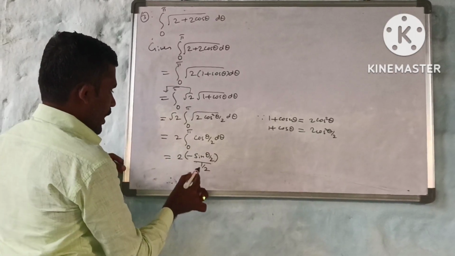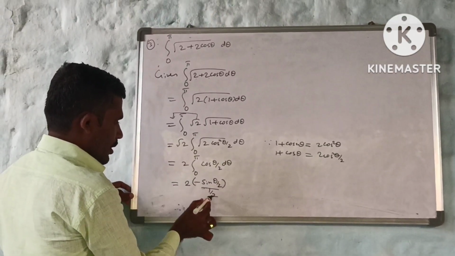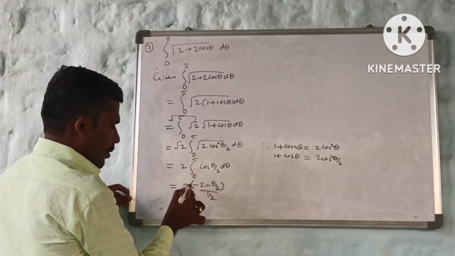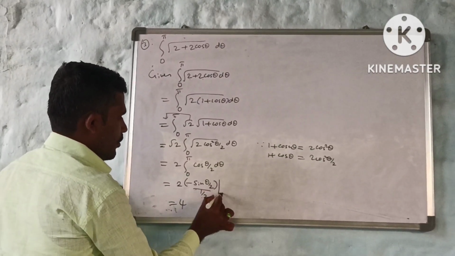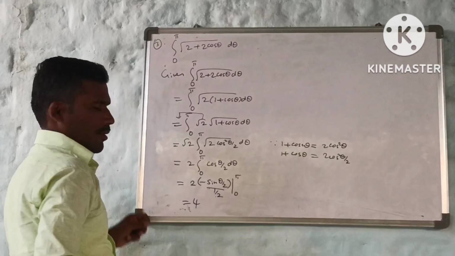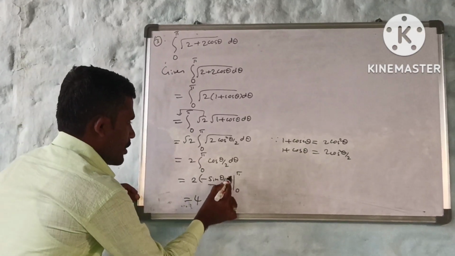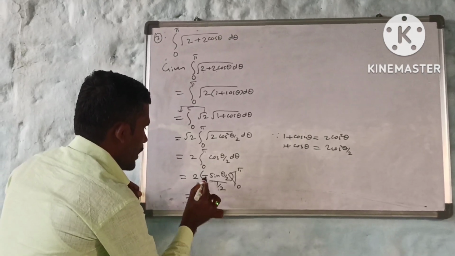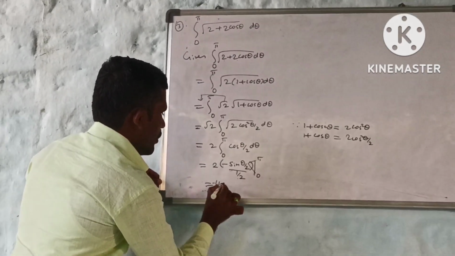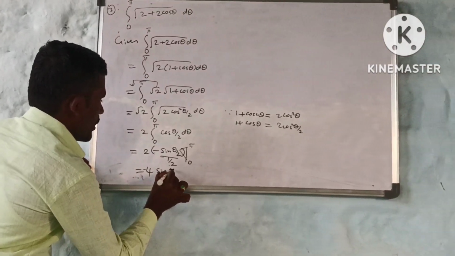When I take it into the numerator, 1 by 1 by 2 becomes 2, so 2 times 2 gives 4. And here the limits also you have to apply, 0 to pi: upper limit minus lower limit.